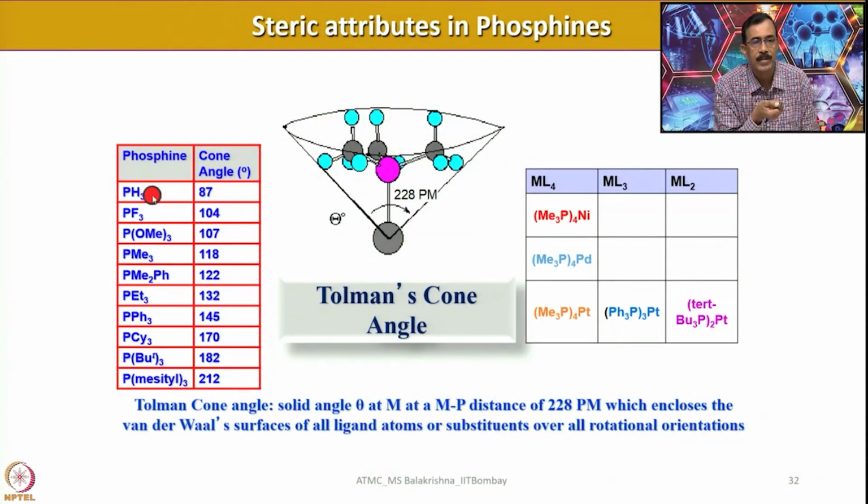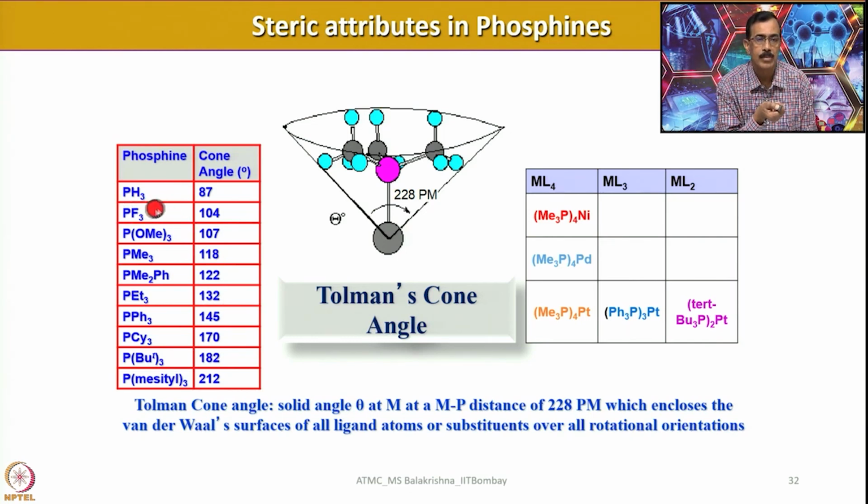For example, PH3, with very small groups, the angle is 87 degrees, and then if you go to trifluorophosphine, we have fluorine with three pairs of electrons on each fluorine.